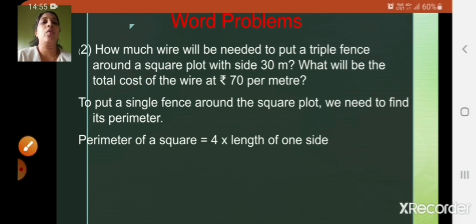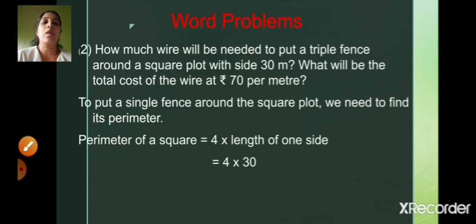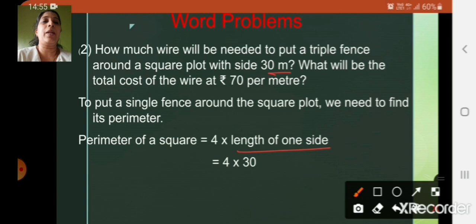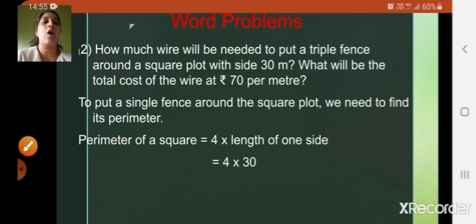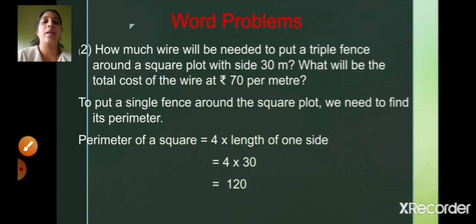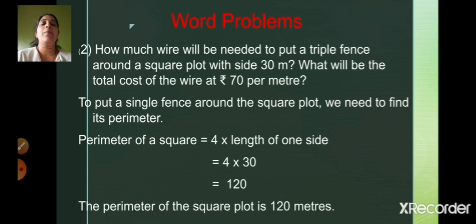Then what is it? 4 into 30. Length of one side is 30 meter, which is given in the question. So 4 into 30, it is how much? 120, right? Now this was the first part of the question. So the perimeter of the square plot is 120 meters. This is for a single fence, that is one fence.